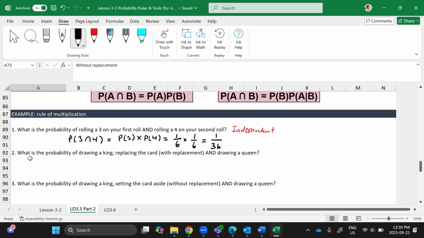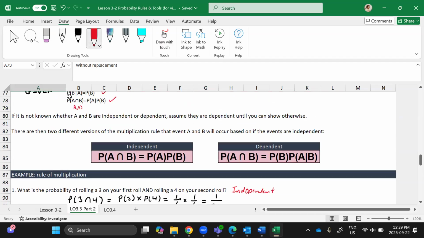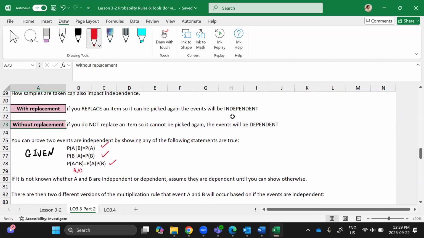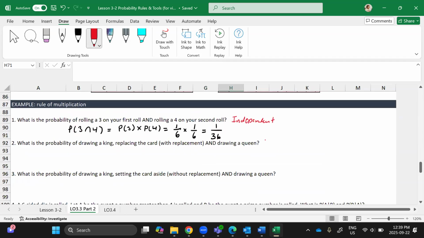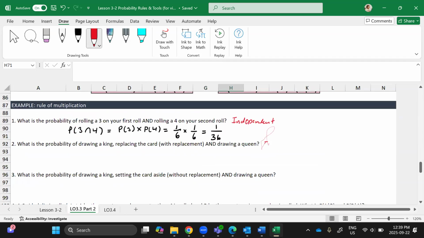For another question, what is the probability of drawing a king, replacing the card, and then drawing a queen? We said that when you have with replacement is telling you the events will be independent. When events are independent, that means you can simply multiply the probabilities. You're allowed to just straight multiply them.